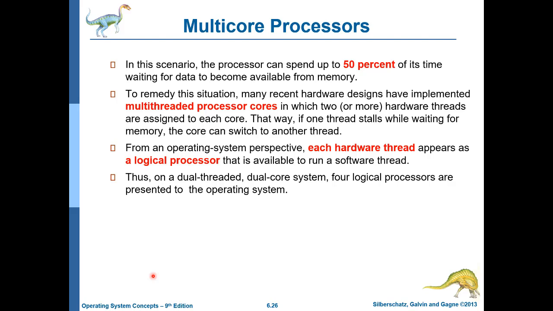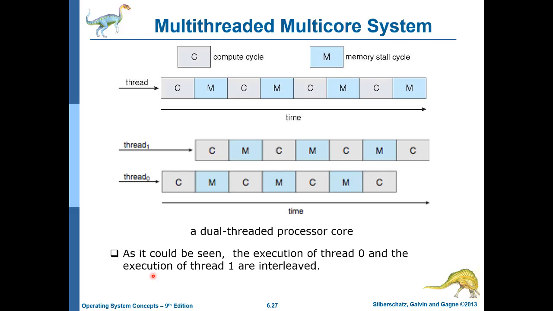So how does it work? We can see here this example. We have 2 diagrams, one on the top, which is only a unithreaded processor, which means that only one logical thread is executing, and the other one is a dual threaded processor core, which means that we can have 2 threads for that processor, and we call them the hardware threads.